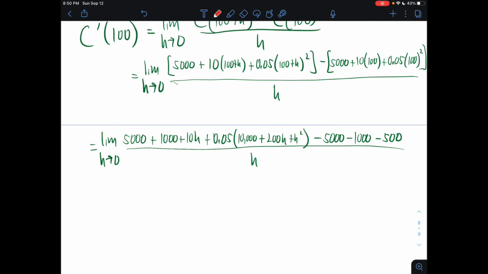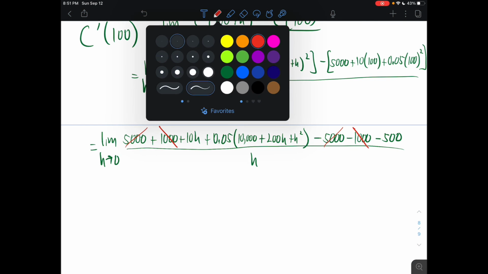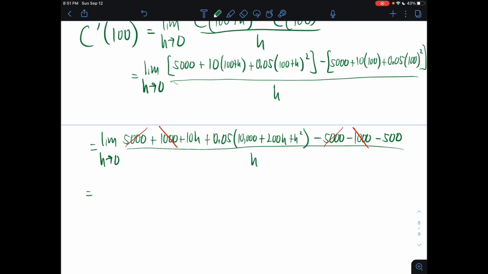Let's go ahead and cross a couple things out just to save some space here. The 5,000s will cancel out, as will the 1,000s. Now let's just distribute that 0.05.